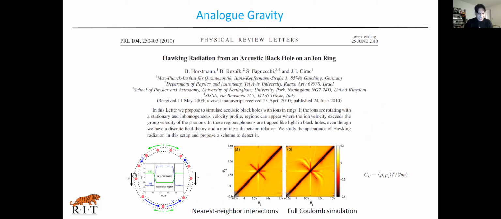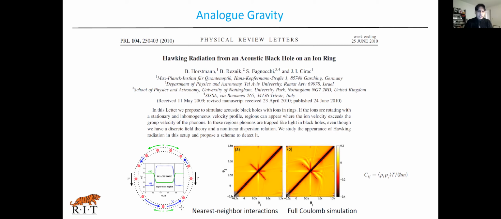They have a ring of ions which is rotating, and the rotation is not uniform. As you can expect, in addition to this rotation, the ions are interacting with each other via Coulomb repulsion, and that leads to phonons in this crystal. And these phonons propagate with a certain velocity.